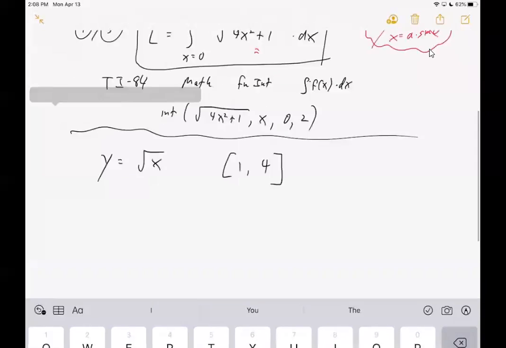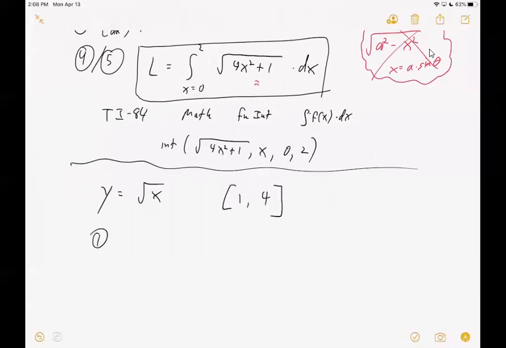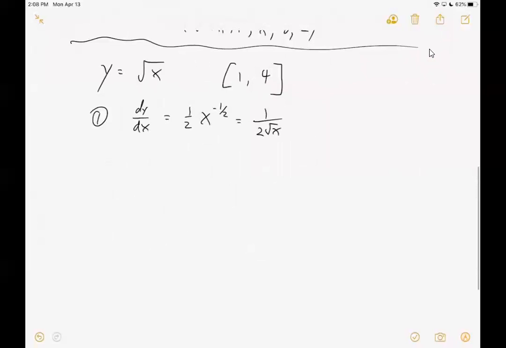So if you do step 1, dy dx is going to be 1/2 x to the negative 1/2, which is 1 over 2 root x. Get to step 2. We square all of that. I do recommend breaking out the steps.